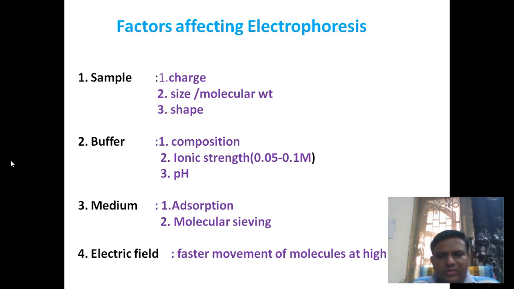Adsorption of your molecule on the medium depends upon the chemical nature of that medium. If you change the chemical nature, if you change the gelling agent, the adsorption of your molecules will change, and depending upon the adsorption capacity of your molecule on a particular medium, it will migrate with a specific speed.